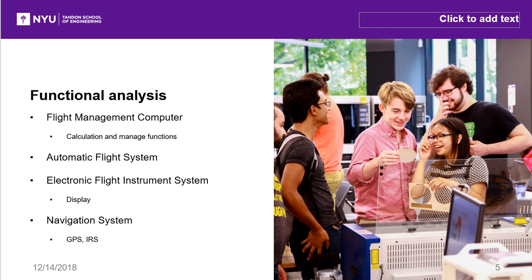And the next one is the automatic flight system. The automatic flight system, also known as AFS, and the navigation system are two largely related subsystems in the flight management system. AFS receives sensor information from the navigation system, which includes the inertial reference system and a global positioning system, and then determines whether the aircraft is under autopilot or manual control.